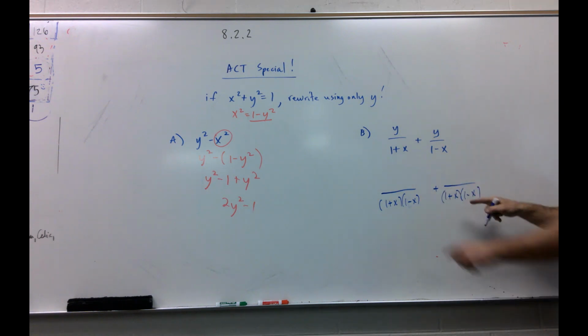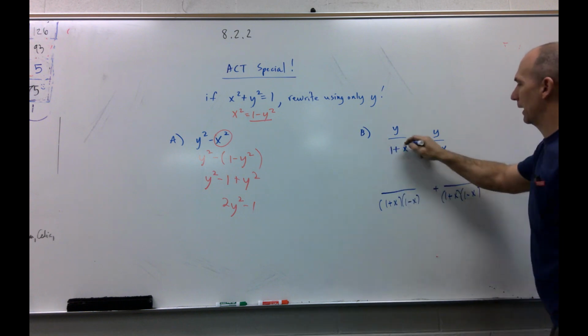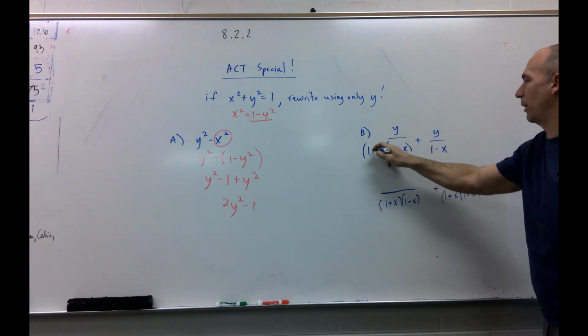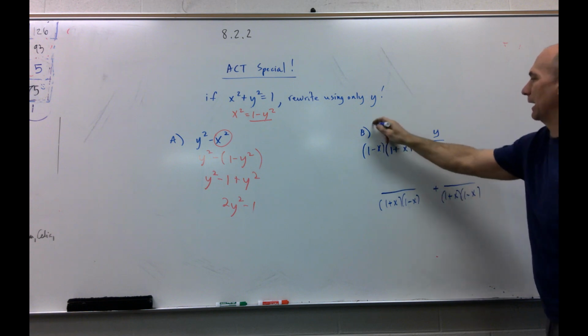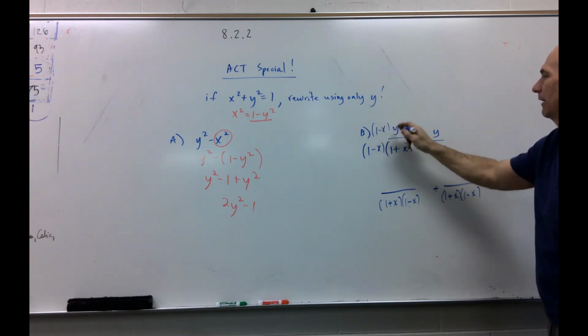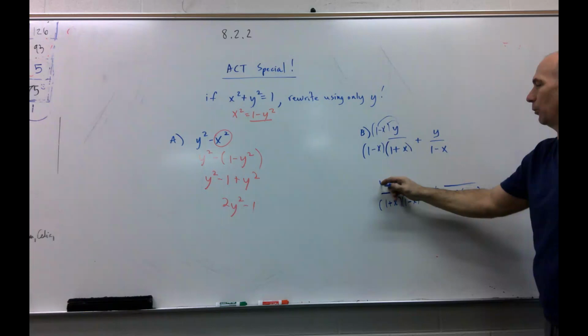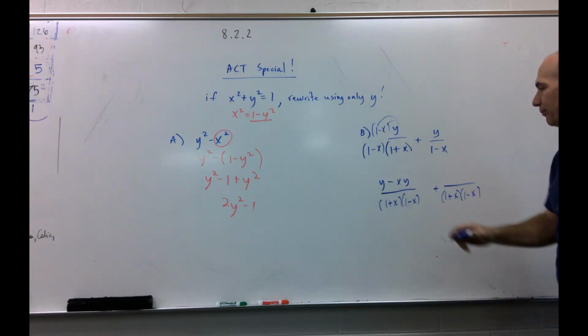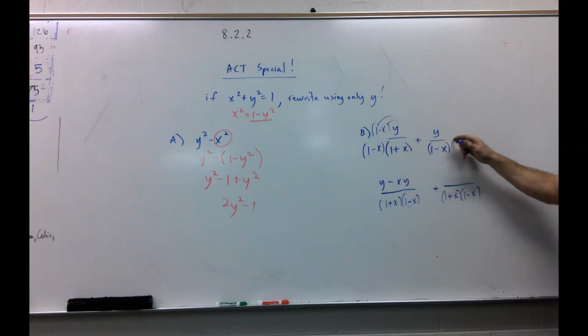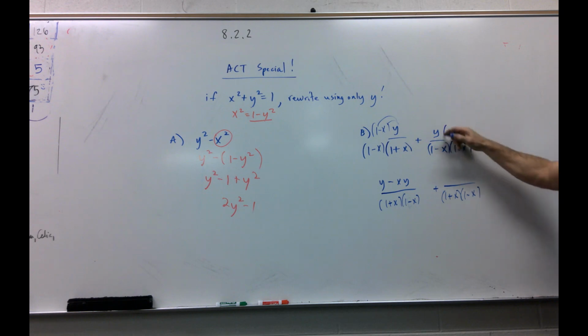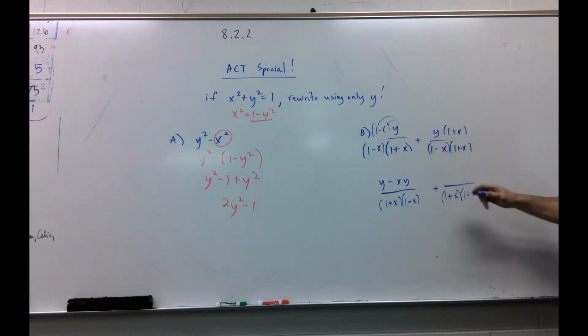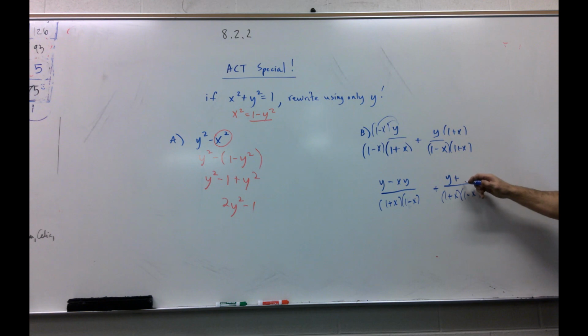Now, how do I get to here from here? Well, I've got to multiply this one by 1 minus x, distribute, so I get y minus xy. Do the same thing over here, but I have to multiply that by 1 plus x, so I get y plus xy.